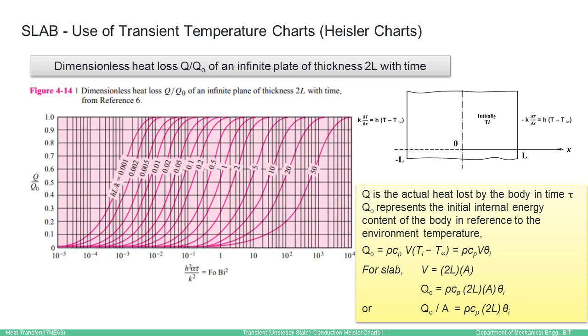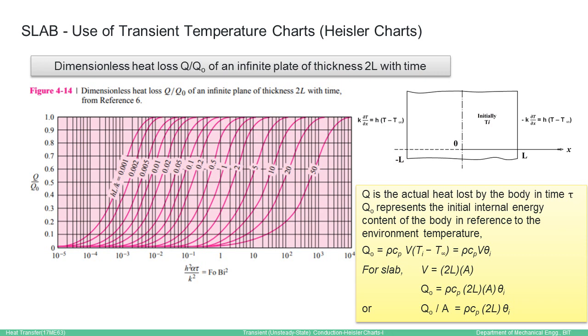Now if you look at the graph, the x coordinate is Fourier number multiplied by Biot number square. So you need the values of h, L and k for finding the Biot number, and for the Fourier number you need the thermal diffusivity alpha, tau and also L, that is half the thickness.